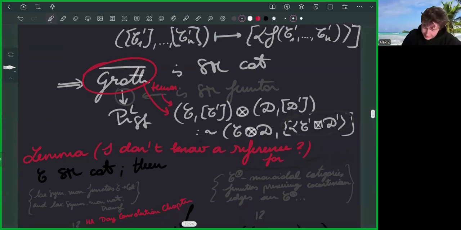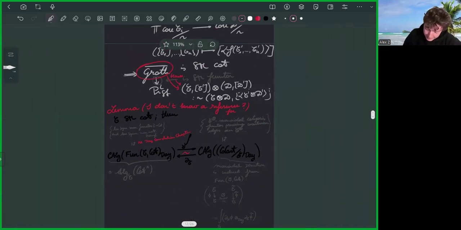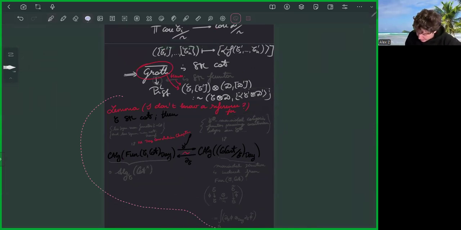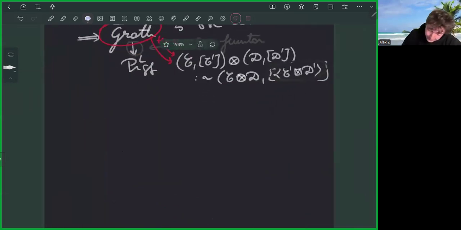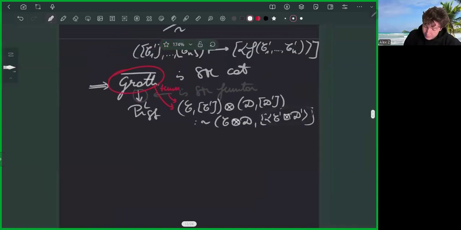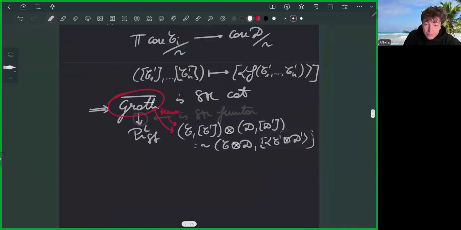Let me also say, yeah, now this is bothering a little bit, so let me delete this. So this means that this functor is like a co-Cartesian morphism between these operads, I guess. Yes, exactly. Or sorry, what did you say? Maybe I misunderstood.